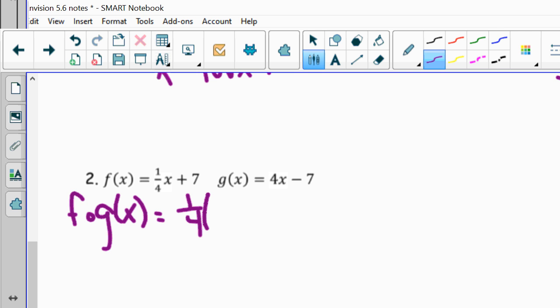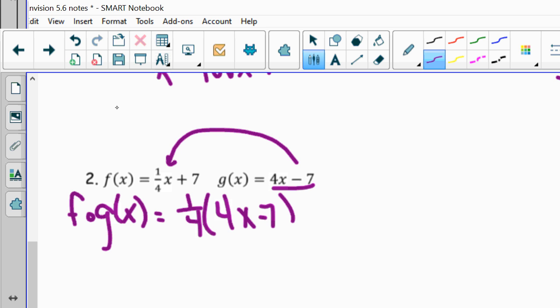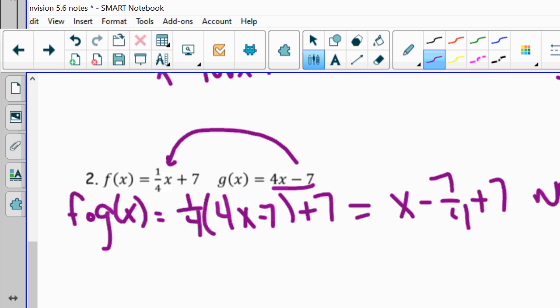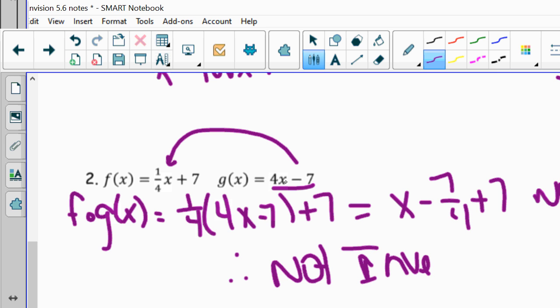So 1/4, instead of x, I'm going to plug in 4x minus 7, because I'm taking all of this and plugging in right there, and then finish writing that out plus 7. 1/4 times 4 gets me x minus 1/4 times negative 7 gets me minus 7/4 plus 7, not equal to x. Again, therefore, they're not inverses. Okay. The first one is not equal to x, so I don't even have to check the second one, right?